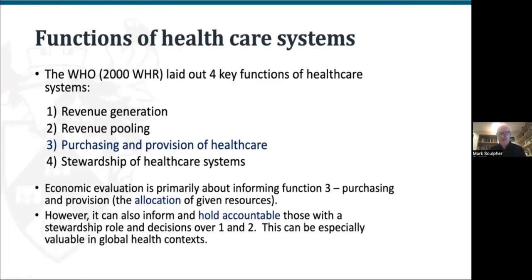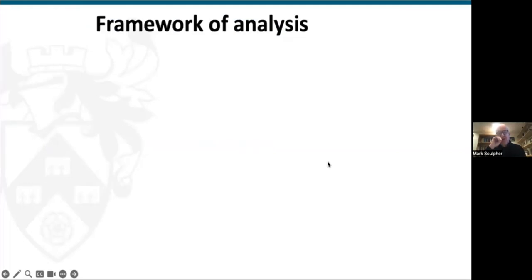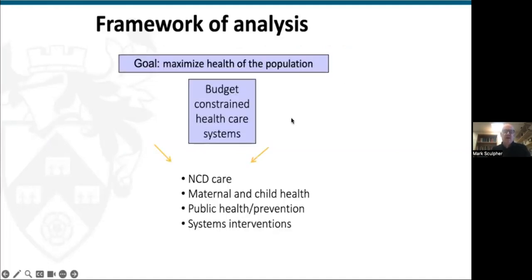Sorry, a couple of other bullet points that just make that last point. So this is a sort of, if you like, a 101 framework of analysis in thinking about what economic evaluation is trying to do. We need to think about there being some objective of healthcare. Now, the way we generally shorthand think about this is that health systems are trying to maximize something. And the most obvious thing they're trying to maximize is the health of their population. In reality, of course, health systems have all kinds of objectives.